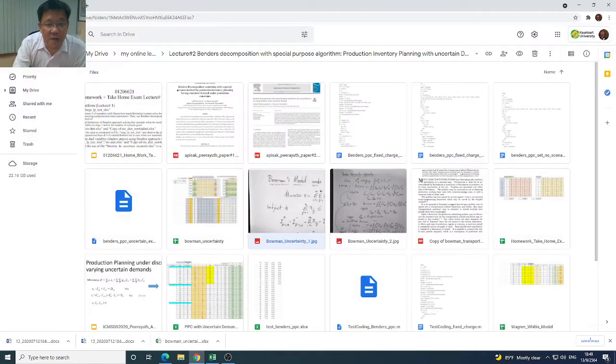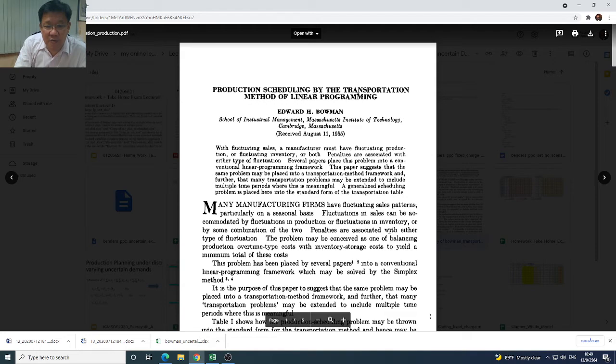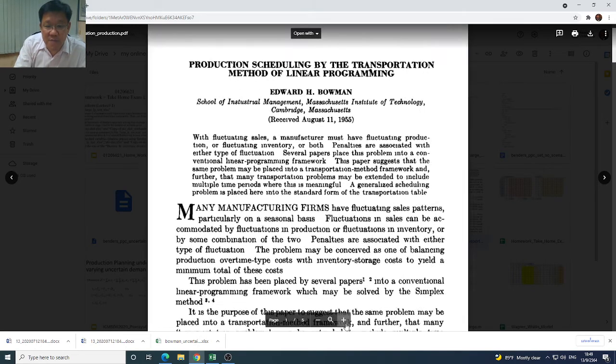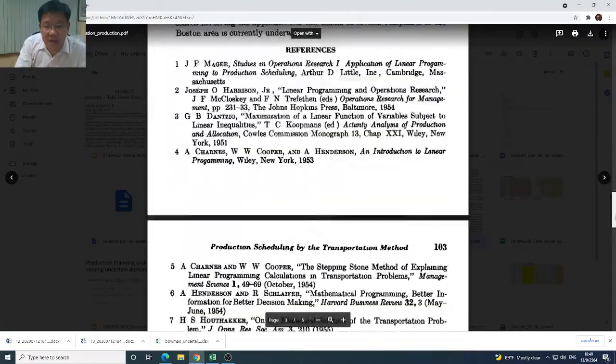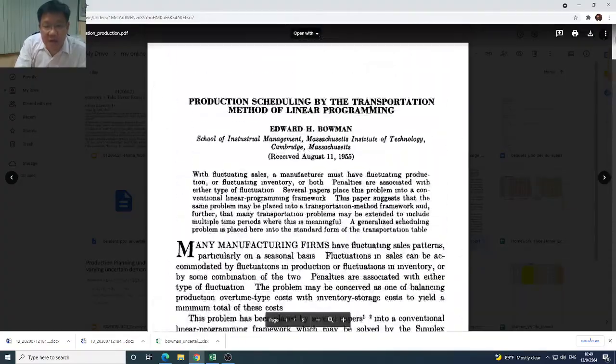But at this moment, I think I have fulfilled all my expectations to introduce you, in the last clip and this clip, to the famous paper of Bowman, which is the deterministic case, where you can formulate the production scheduling as a transportation problem.